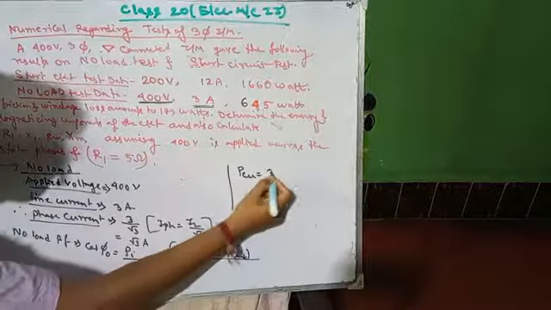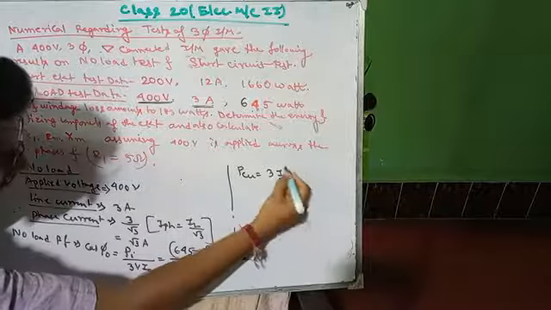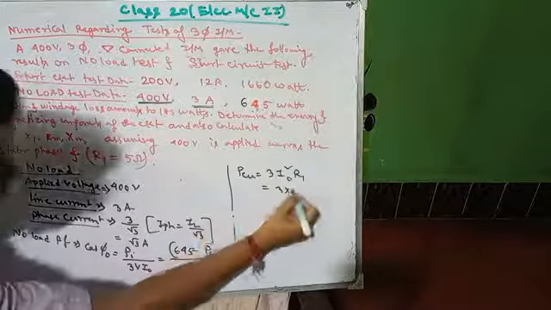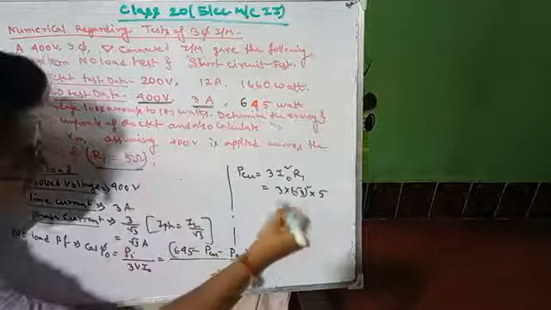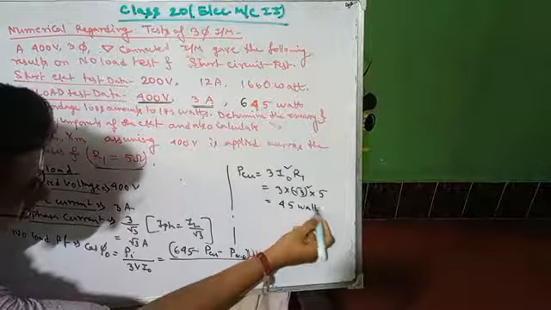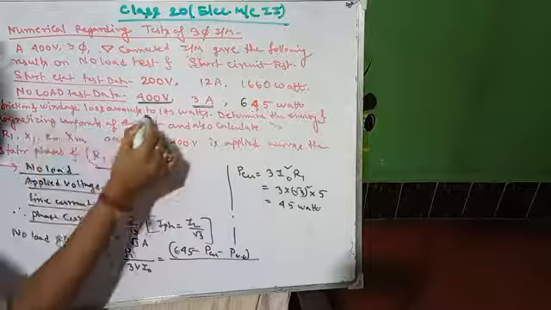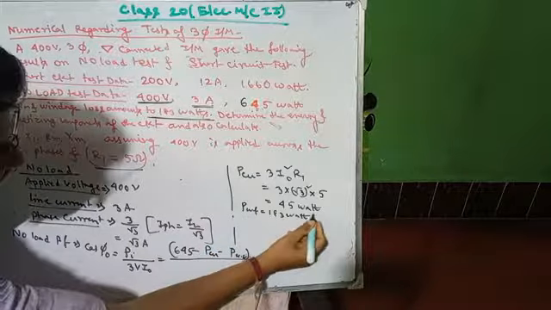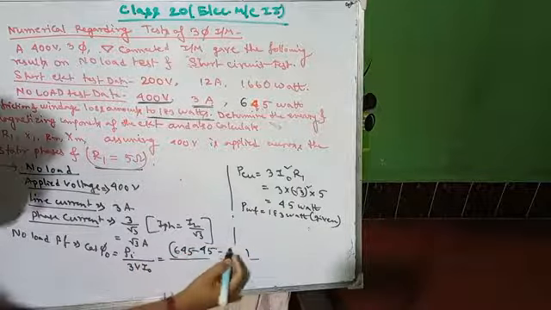PCU equals 3 I naught square into R1, that is root 3 whole square into 5 ohm, so 3 into 3 into 5, that is 45 watt. PWF is given as 183 watt.